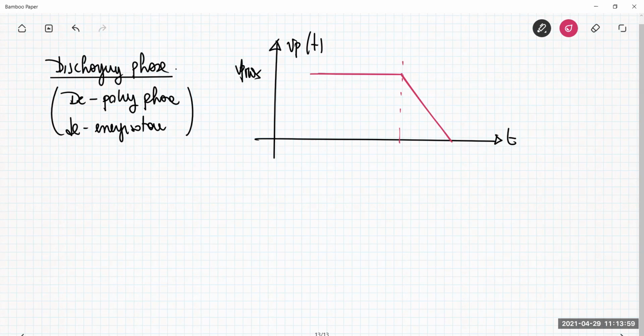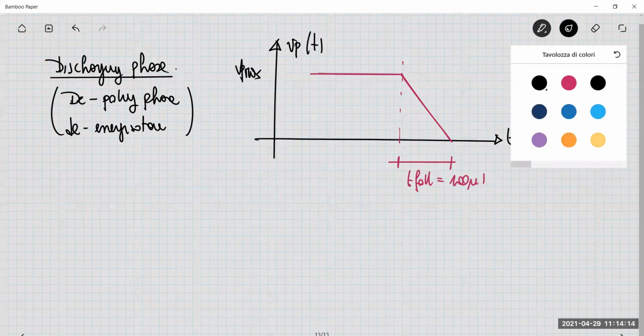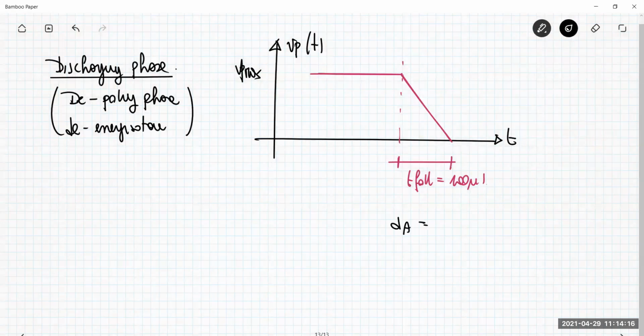This is the default time, which is 100 microsecond. Remember that the duty cycle here has a behavior which is minus Vp max over Vd times T minus default over default.